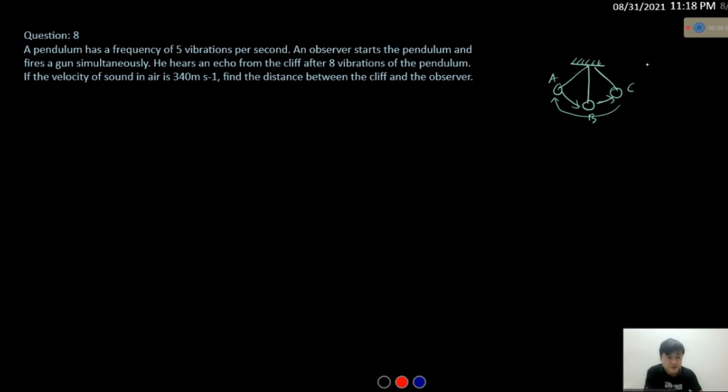So in 1 second, this pendulum will vibrate 5 times. It is given here. And here is a man, a very dangerous man, because he has a gun.